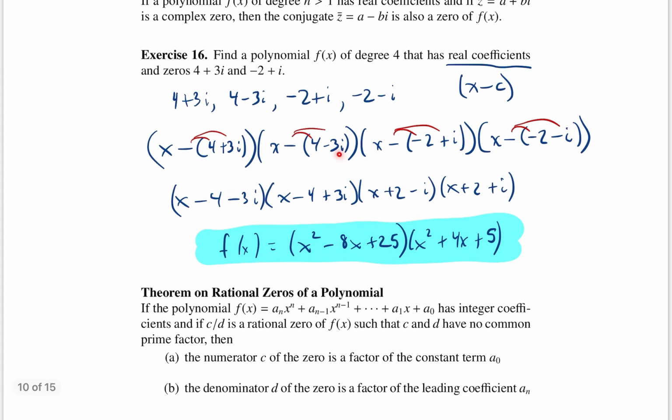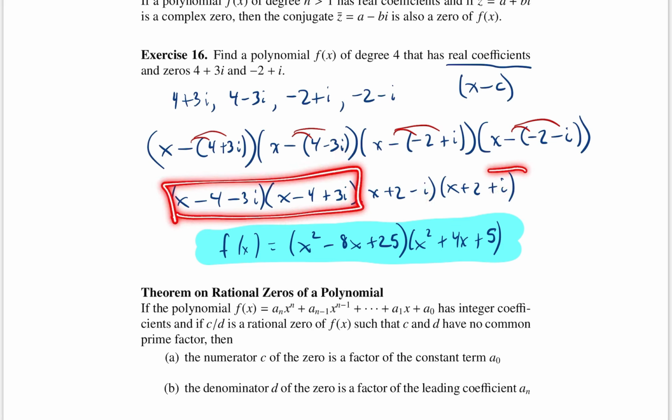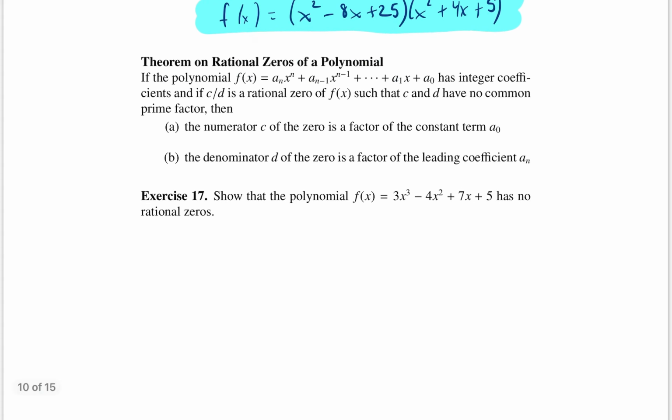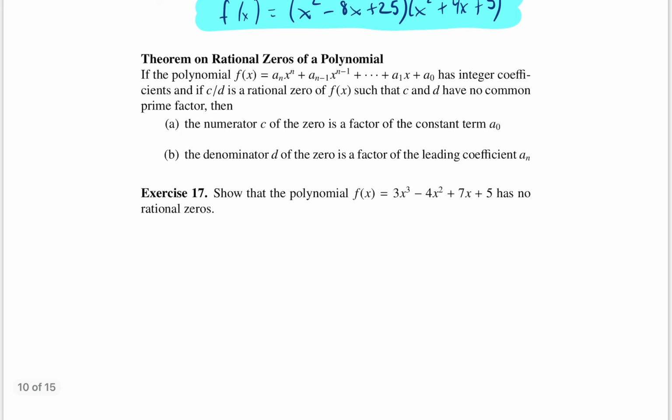So the goal is to not have any imaginary coefficients or any imaginary units involved. So all these i's must not be there. And that's why we multiplied the conjugates together. And that's how we got rid of the i's. And this is the final answer.